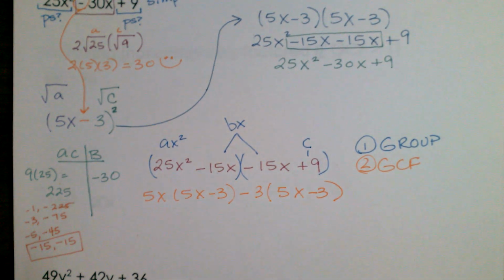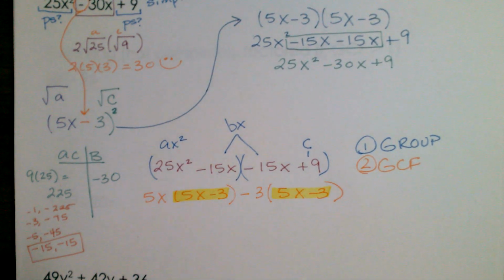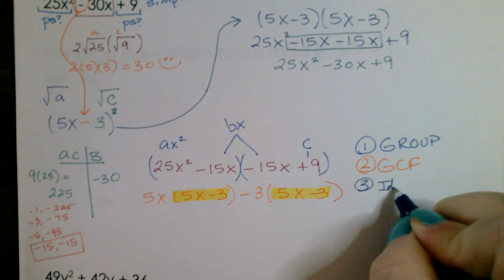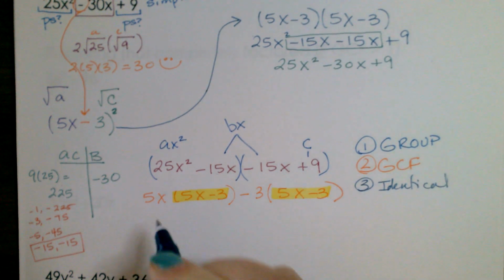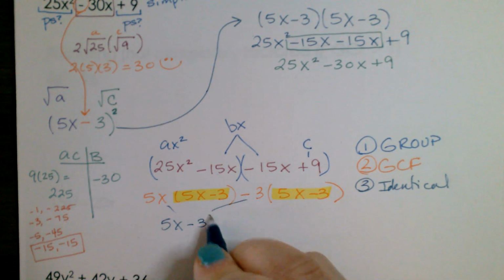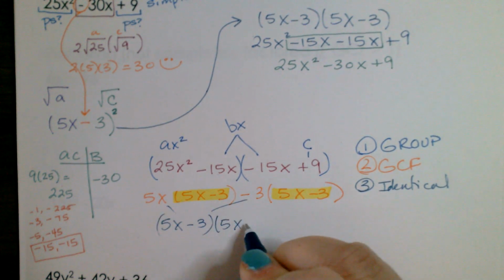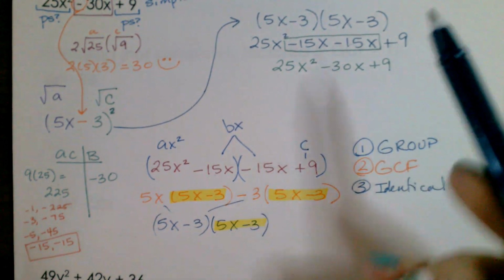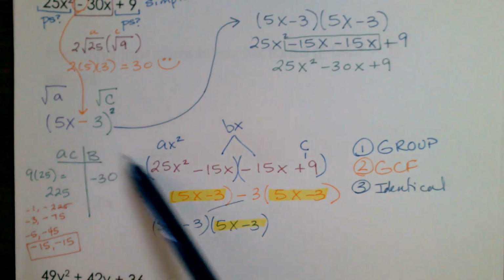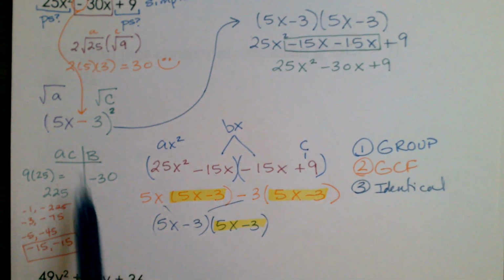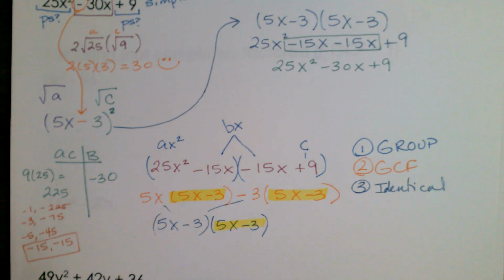I will get my highlighter out because it is still exciting to me that I got a set of identicals. Combine your greatest common factors and one set of the identical. And what do you know? We also got the same answer as here and here. So the ACB chart will always work. It just will always work.